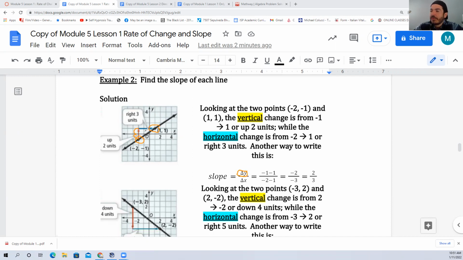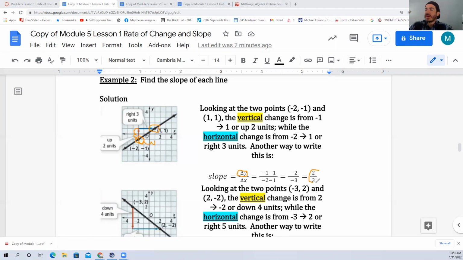I just went up 2. And they're doing math a little bit differently, but it is all going to come out in the wash. The horizontal change is from -2 to +1, or right 3. So they went 1, 2, 3. And the horizontal change, or the change in the independent variable, the x, is 3.